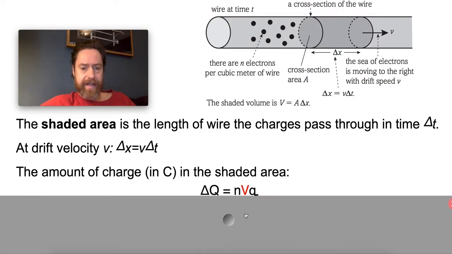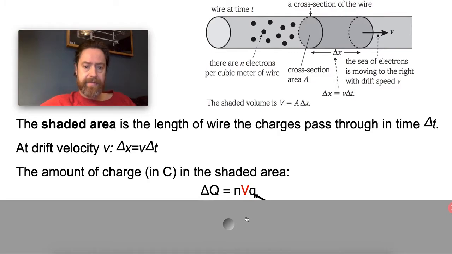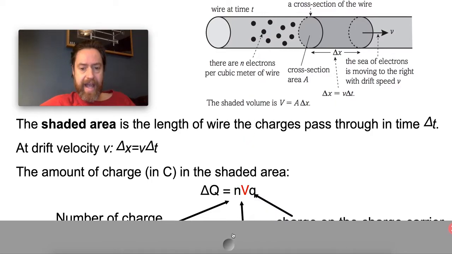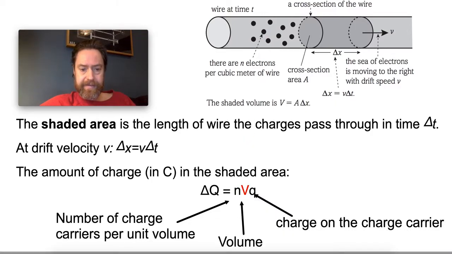So how can we do that? Well, the amount of charge is going to equal the number of charges, or the number of electrons per cubic metre. That's this little n. So number of charge carriers per unit volume, multiplied by the volume of the grey area.